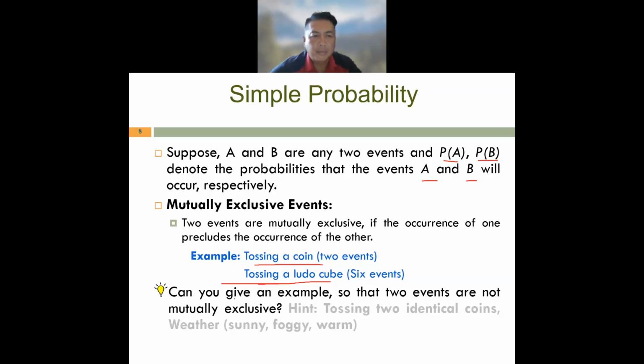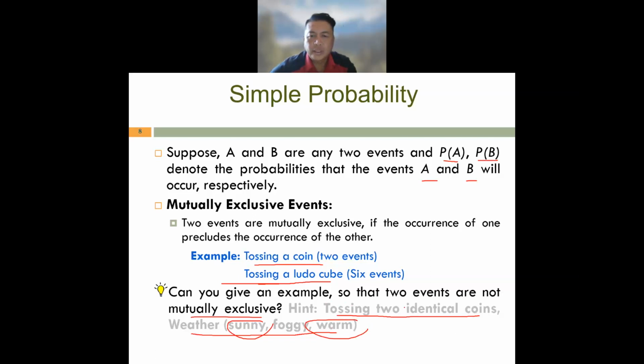Can you give an example so that two events are not mutually exclusive, meaning that they can occur at the same time? The hint here is tossing two identical coins, and also the weather being sunny, foggy, and warm. The weather could be sunny and also warm.